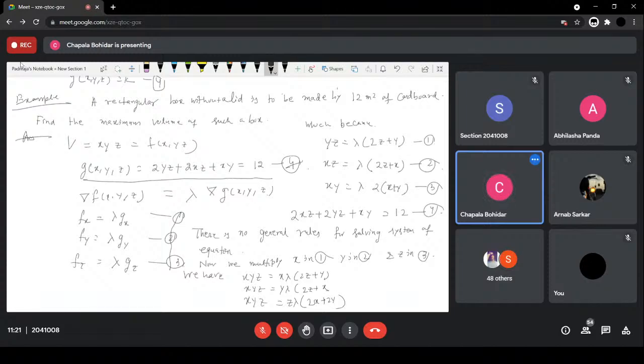So these are equations 5, 6, 7, and equation 4 remains.